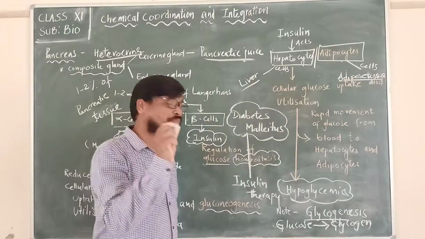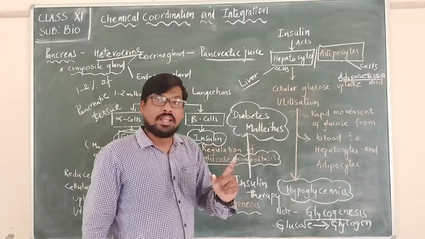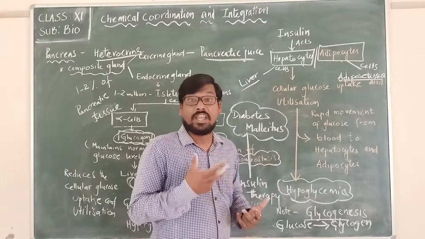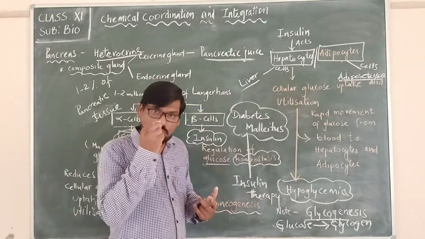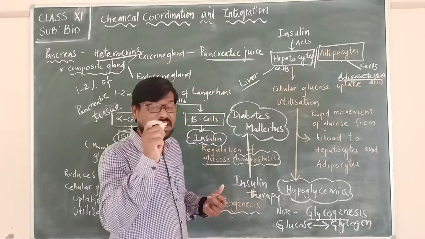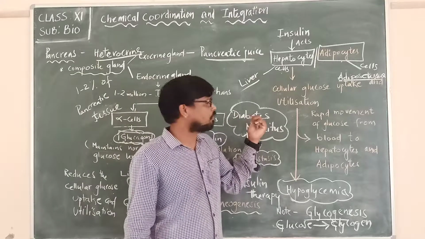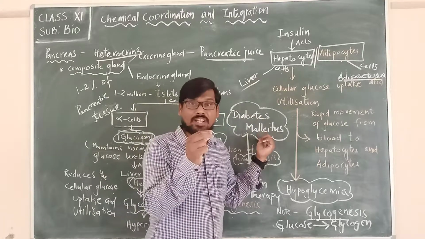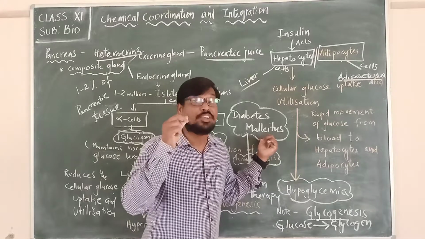When a person is suffering with diabetes mellitus, this person will be losing sugar in their urine. Through the urine, they will be releasing so much sugar. That is an indication that he or she is suffering with diabetes mellitus. Excess sugar will be lost through the urine.